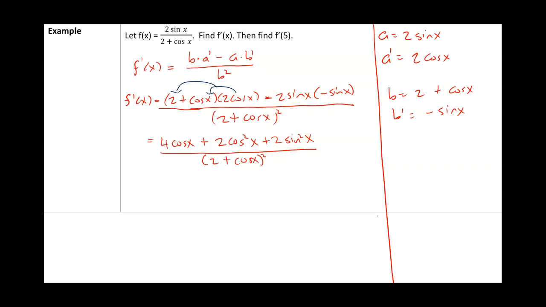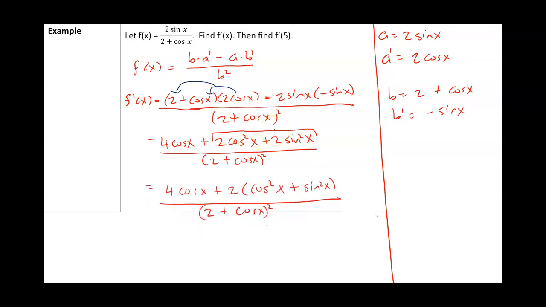All right, now here's where we have to be a little bit careful. Notice that these two terms both have a common factor of 2. And anytime you see a cosine squared of x plus sine squared of x, you should go a little bit further, because remember, our identity is that sine squared plus cos squared is equal to 1.